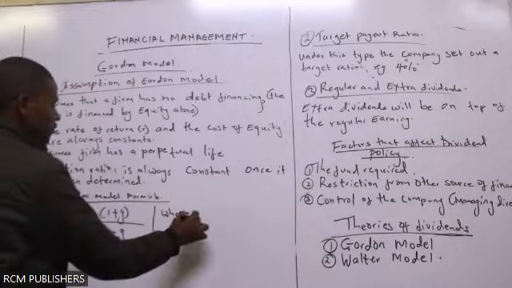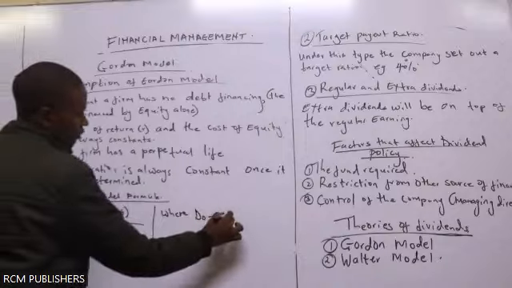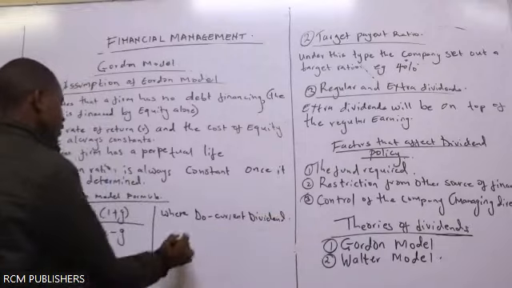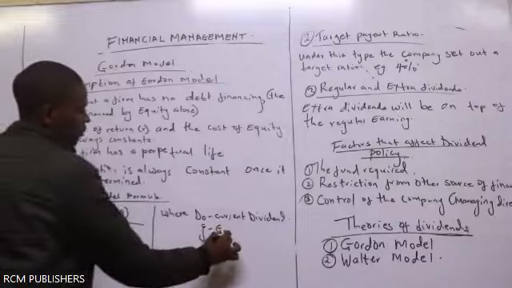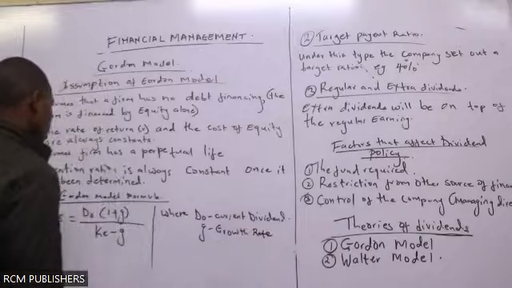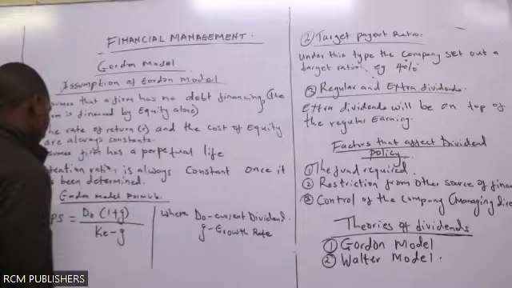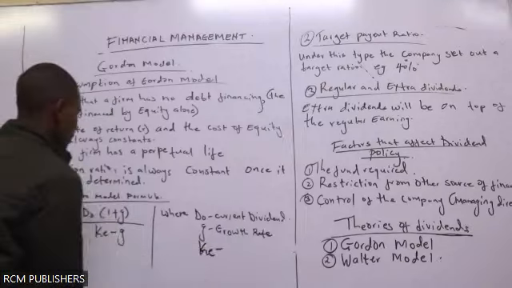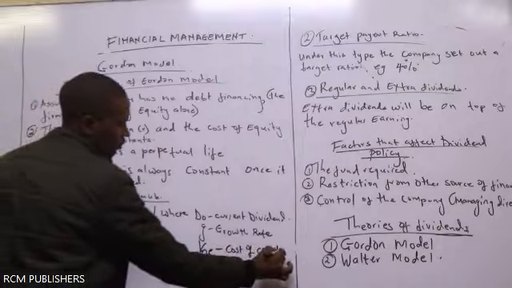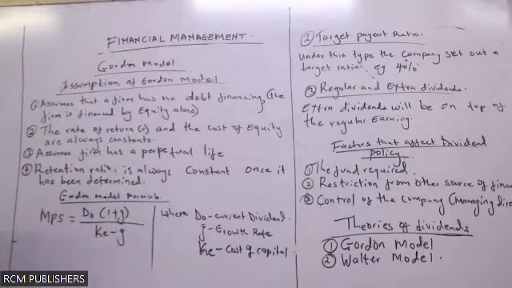D0 is the current dividend. g is the growth rate. Ke is the cost of capital.